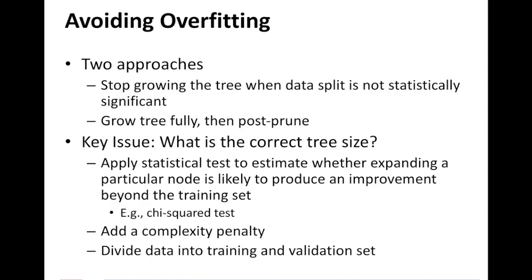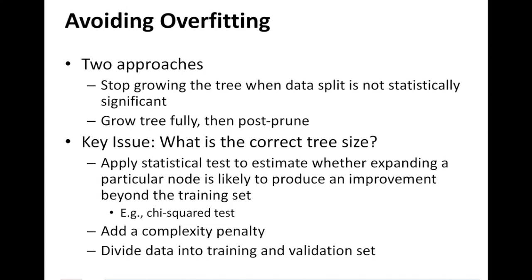Okay, so there are two approaches to avoiding overfitting in decision trees. The first one is to stop growing the tree when the data split is not statistically significant. So you calculate some kind of significance before you add an attribute to split on in the tree. And if it turns out that it's not statistically significant, you stop growing the tree.